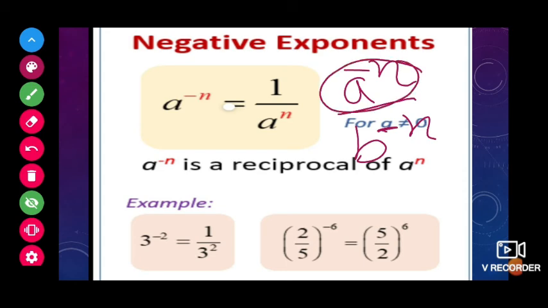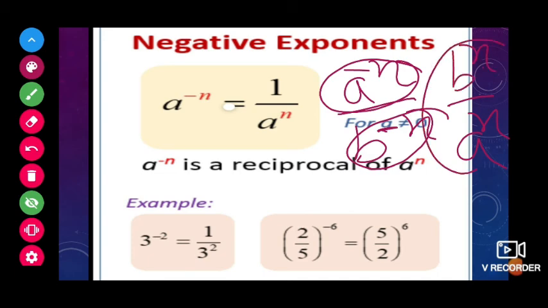Now a to the power minus n, to get plus n, we send it to the denominator, that is a to the power plus n. B to the power minus n, we convert it to positive by sending it to the numerator, so we get b to the power n. Now overall we can write it as b by a whole to the power n. That's it.